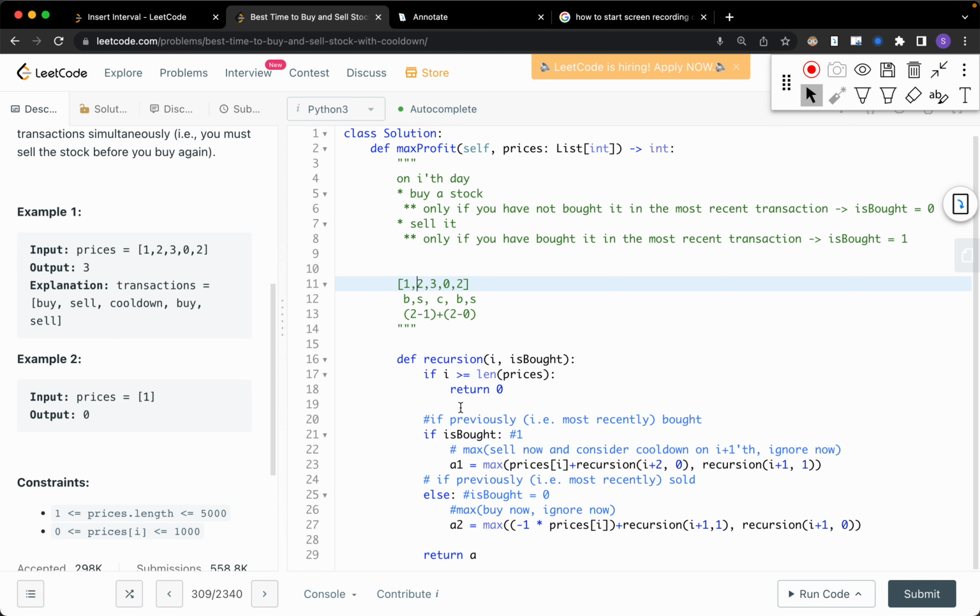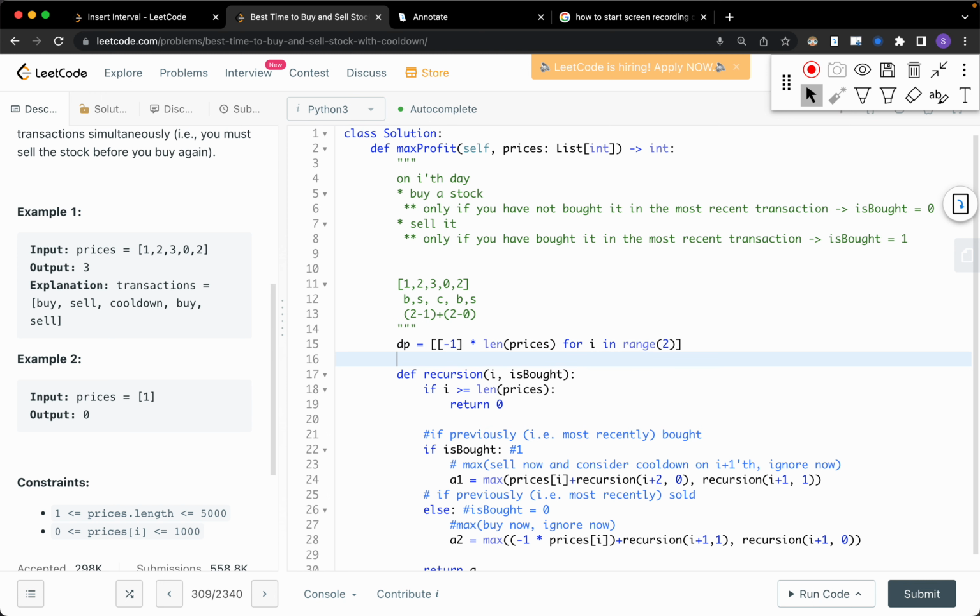So in that case, what I am trying to do is take a DP array, which I'll initialize with -1s initially, and for i in range 2.